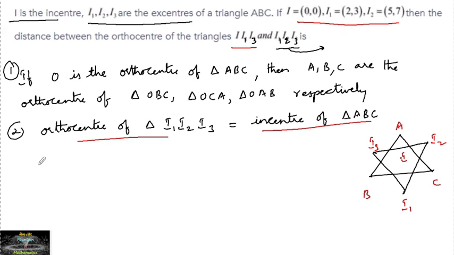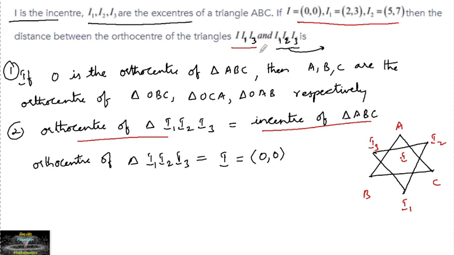So we can come to one conclusion: the orthocenter of triangle I1, I2, I3 is the same as the incenter of triangle ABC. What is the incenter of triangle ABC? That is I, which is (0, 0). So this is one point, you got it.